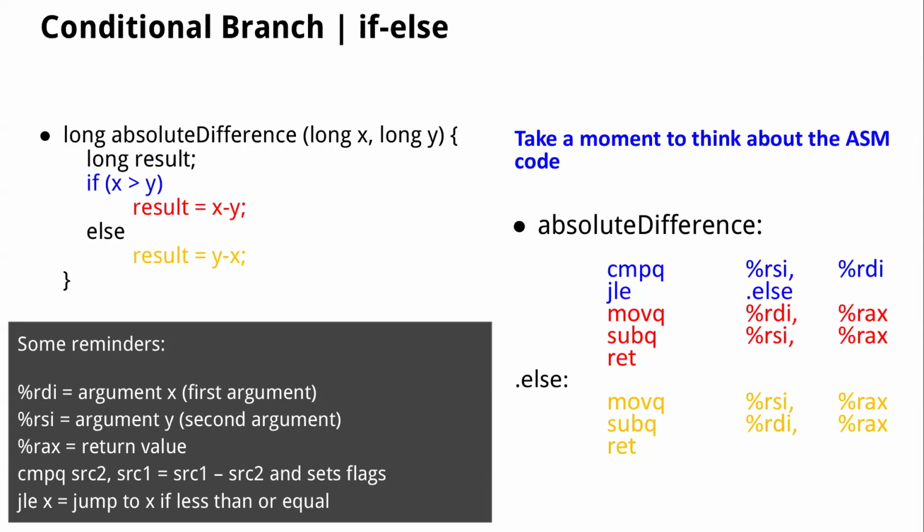Let's say we have those two as parameters to this function. This function is called absolute difference. The result here is actually a global variable. A global variable could be in memory, or it could be in a register. In this case, I think it will be in register RAX because eventually we're going to return it.